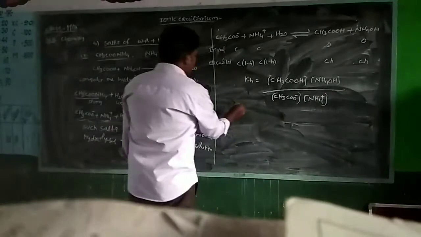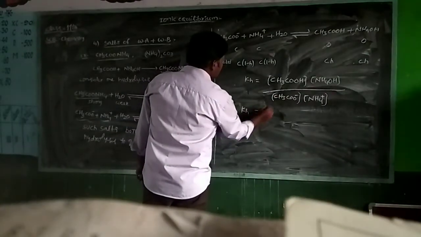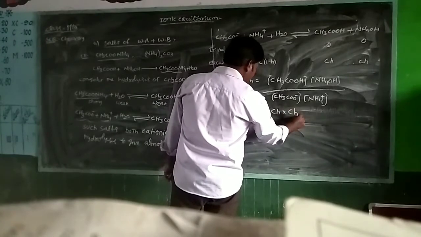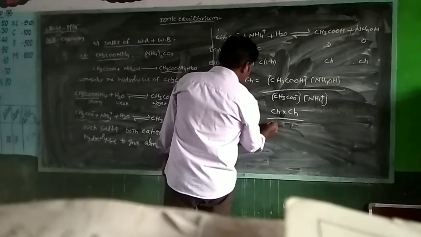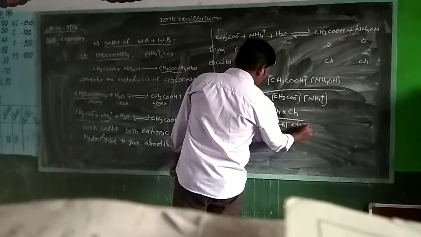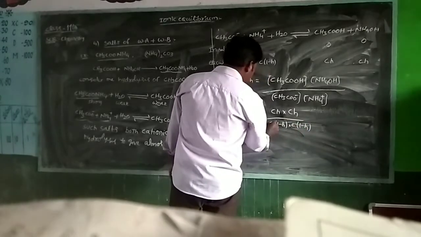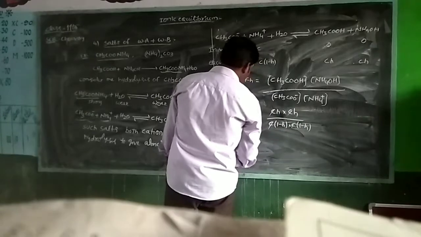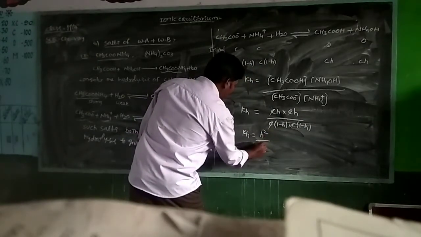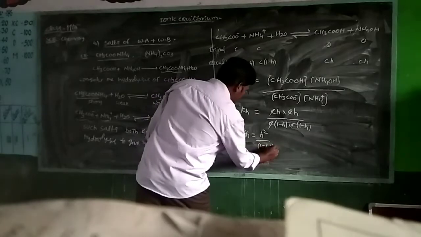We have to find KH, which is equal to C h into C h upon C into 1 minus h, C into 1 minus h. C gets cancelled. KH is equal to h square by 1 minus h whole square.